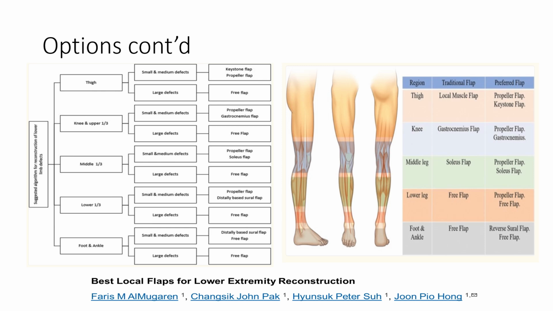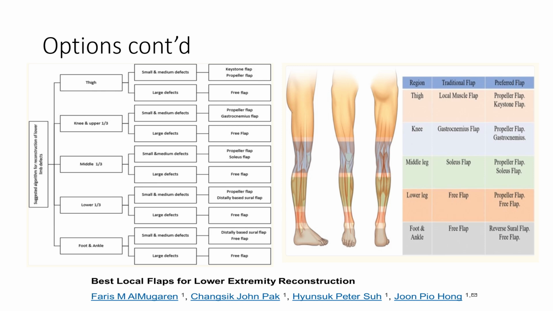But our particular area of challenge will be the lower third of the lower extremity, which is below the knee. On this part, there are different options like the soleus flap, the gastrocnemius flap, and the propeller flap.